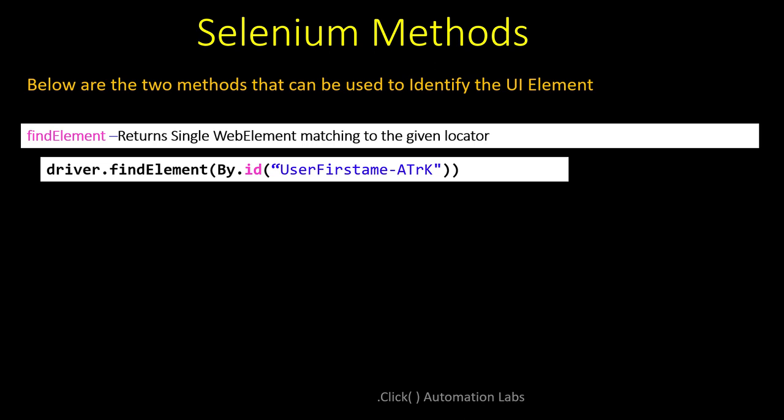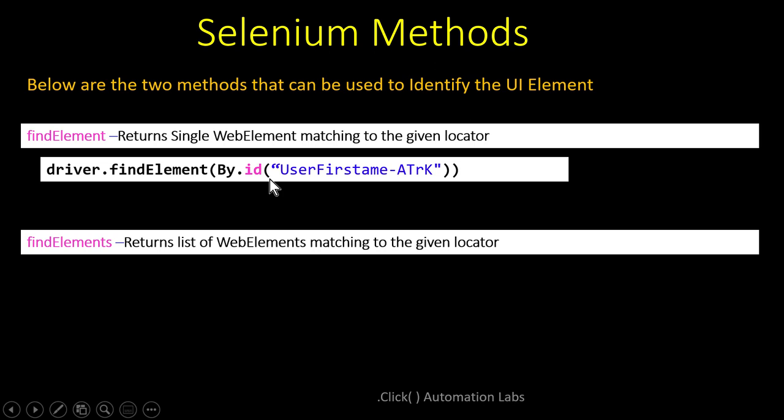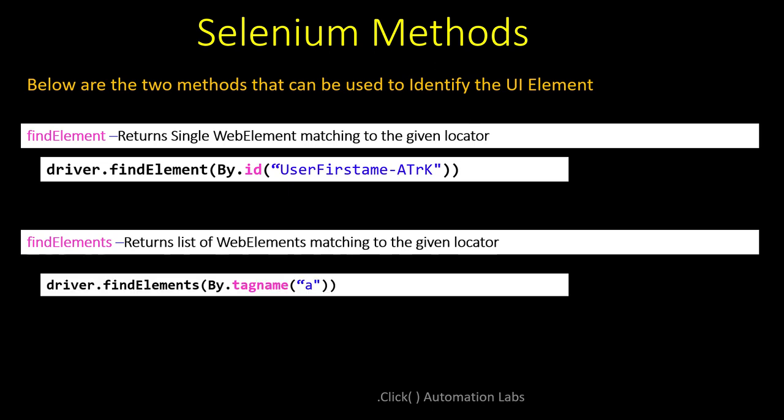So the syntax would be driver, it's nothing but this is a WebDriver instance, dot find element is nothing but we are instructing WebDriver to use this method to locate using id by dot id. And similarly we have another method called as find elements. This is also same, but this will return you the list of web elements. So these are the two important methods which we can use to identify any web object.